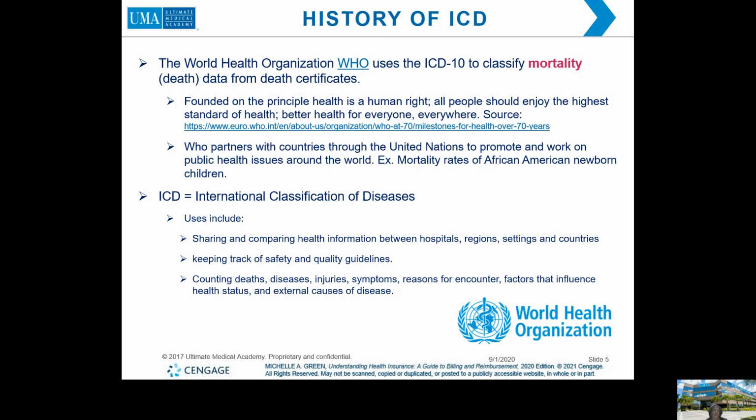And so, in order for that to happen, they needed a way to classify different things and get statistics. And so they put together the ICD-10, International Classification of Diseases, 10th edition. We're now at the 10th edition. And they classify mortality. And mortality has to do with death. And they get that data from death certificates all around the world.